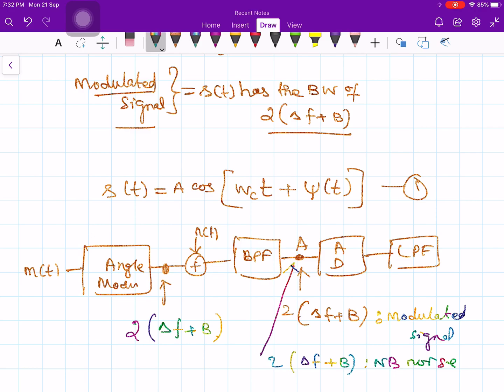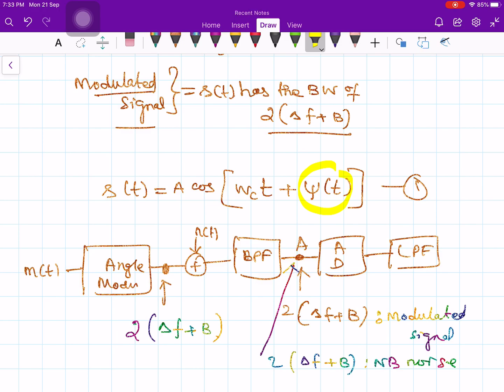Now the message is not embedded in S of t, the message is embedded in psi of t. Okay, so the message has the bandwidth of b. What it means is that this equation 1, you are adding to the noise. What you are seeing at point A is not only the message but plus the noise, narrow band noise.